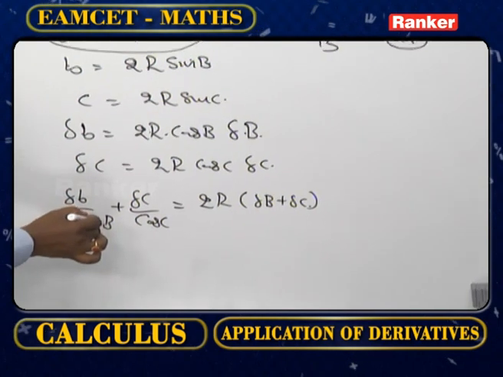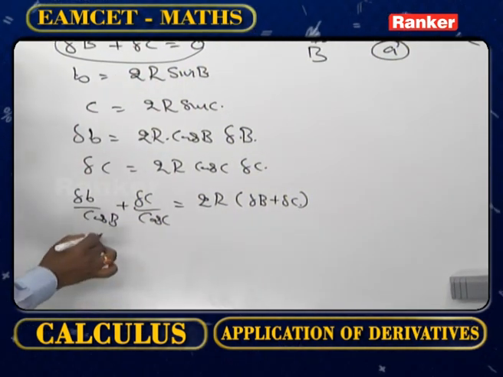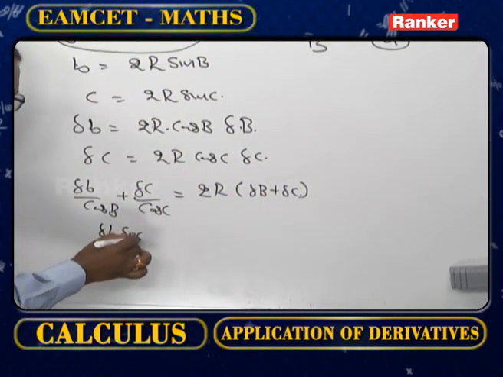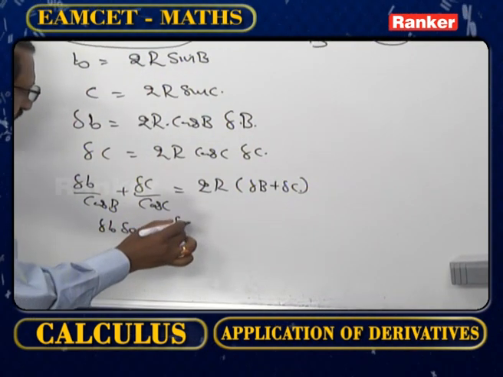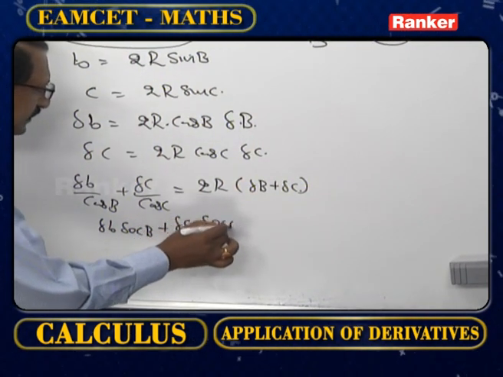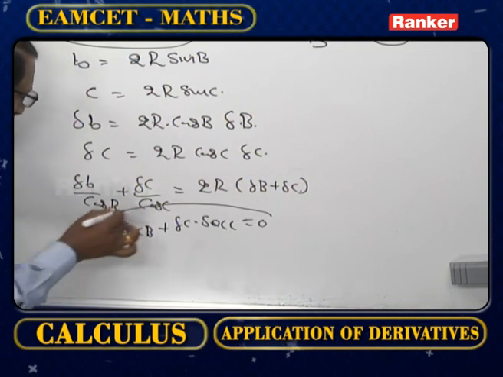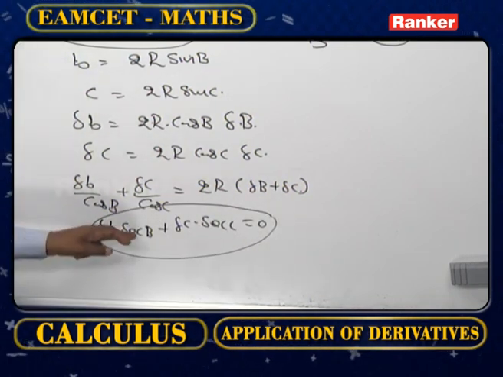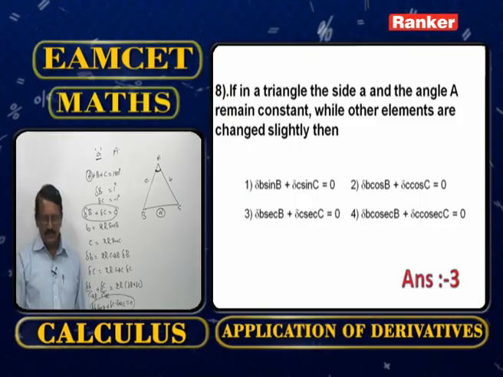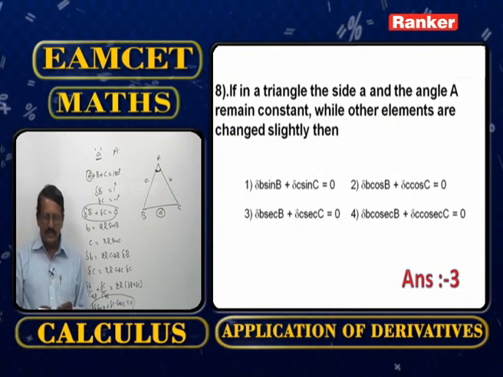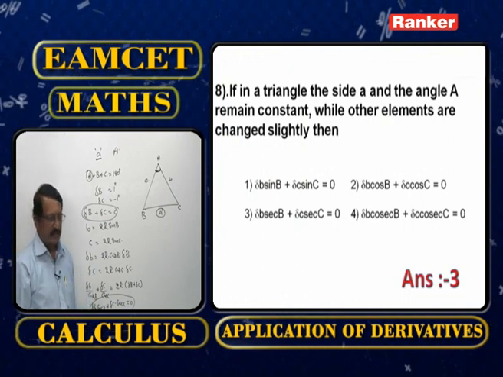Then delta b by cos B is nothing but delta b into secant B, so delta b secant B plus delta c secant C equals 0. Now the required condition is delta b secant B plus delta c secant C equals 0, so the third option is correct.